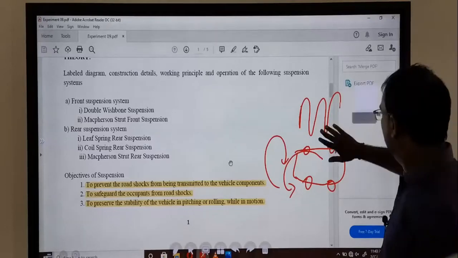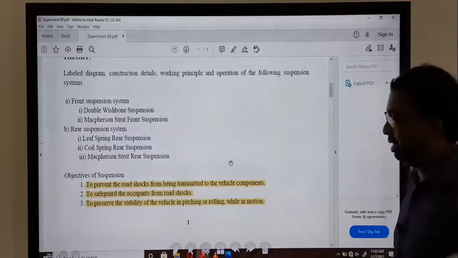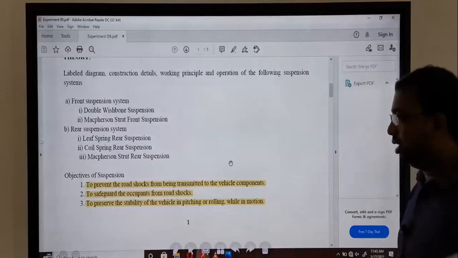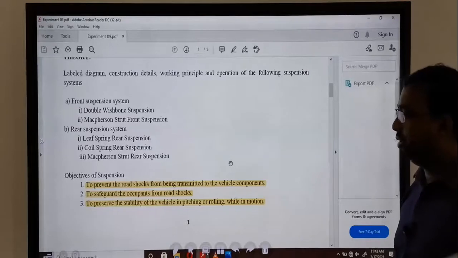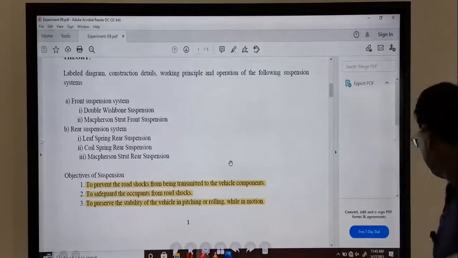So it preserves and maintains the stability and eliminates the pitching and rolling.